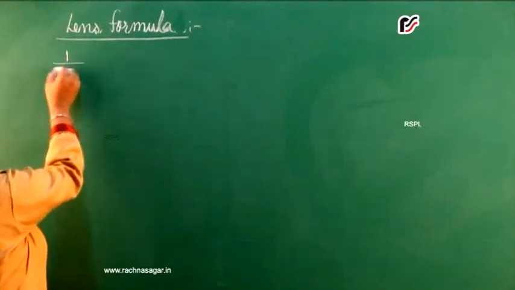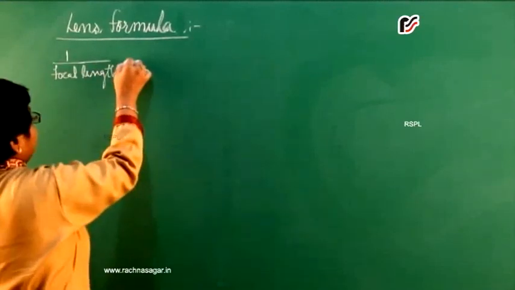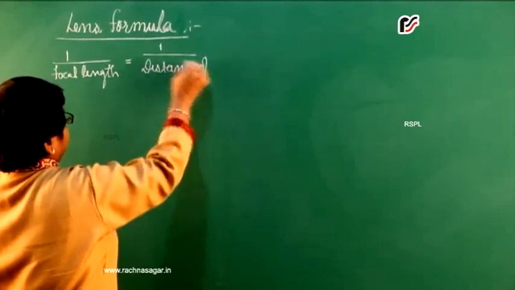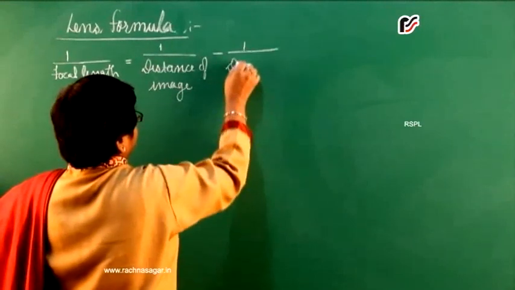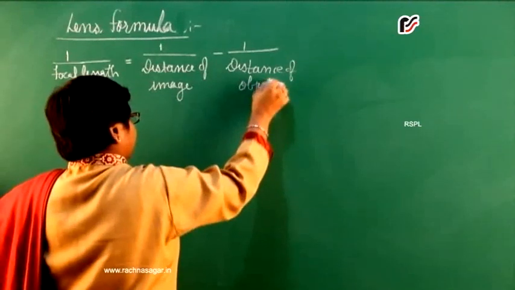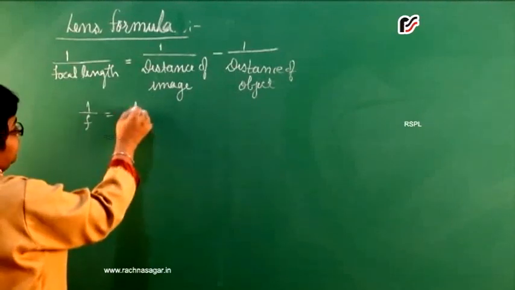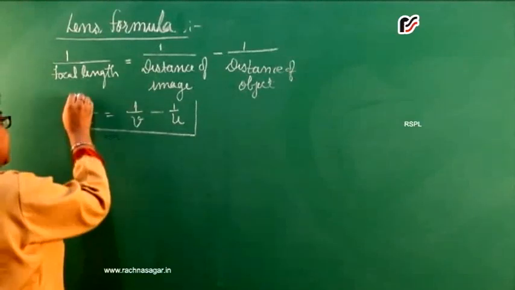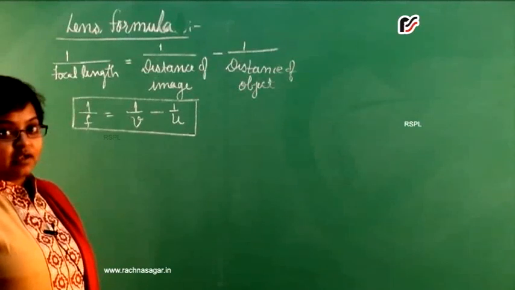The relation is 1 by V minus 1 by U equals 1 by F, with focal length denoted by F, distance of image denoted by V and distance of object denoted by U. This relation is known as the lens formula.